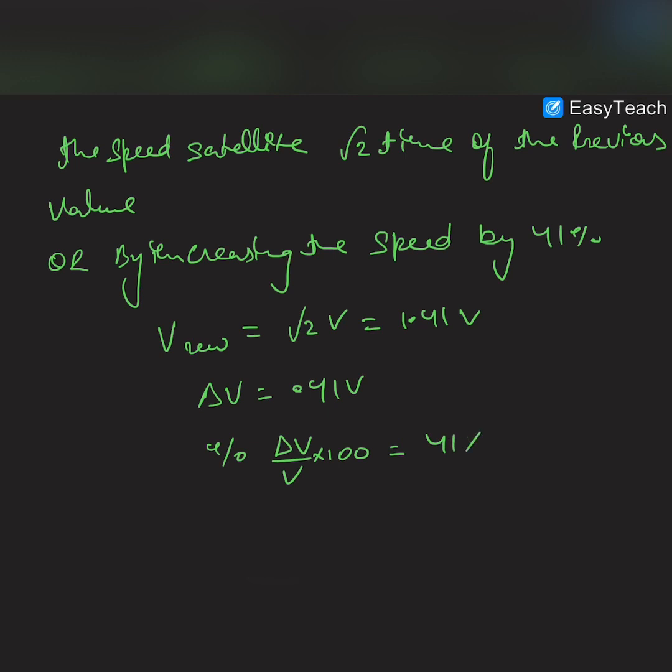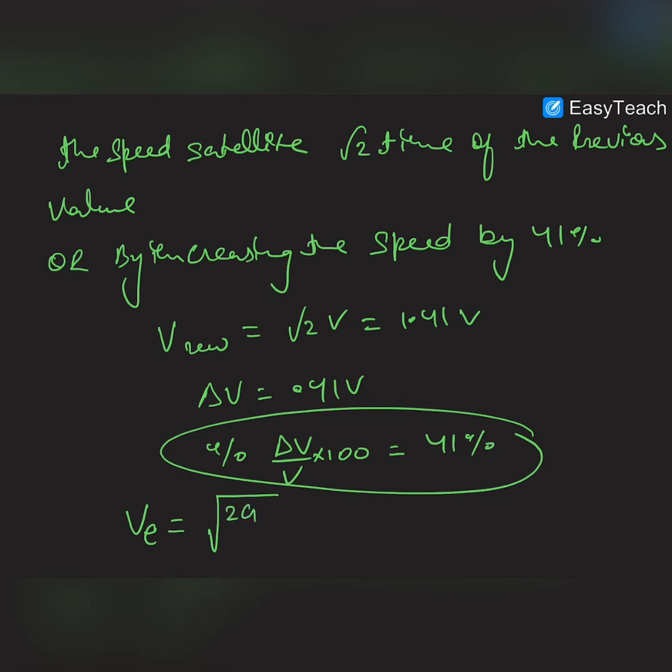So if we increase the speed of satellite by 41%, then that satellite would escape from the orbit, and therefore we can also say that the escape velocity of orbit is root 2 times of root of GM by r, where root of GM by r is the orbital velocity.